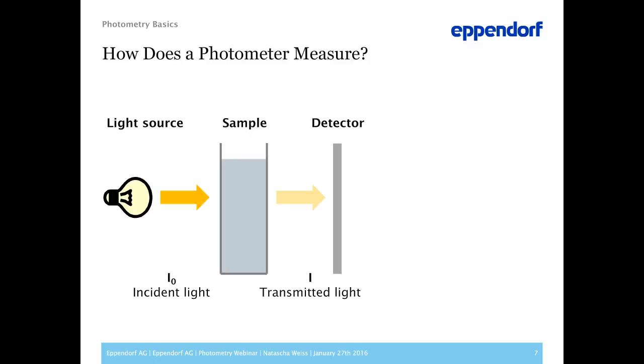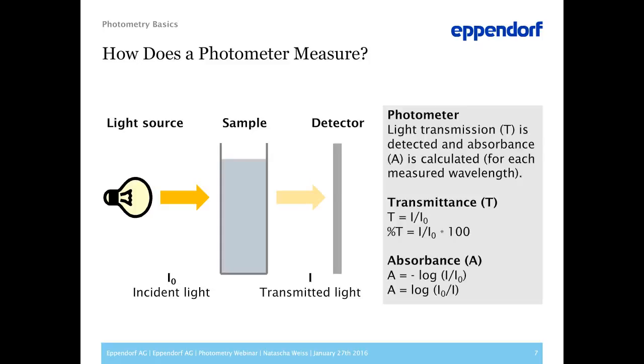In a photometer, incident light with the intensity I0 passes through a sample. The light which is not absorbed by the sample is transmitted and measured by the detector. The intensity of transmitted light is termed I. The ratio of I to I0 gives the transmittance, which is often expressed as a percentage, resulting in the percentage transmittance.